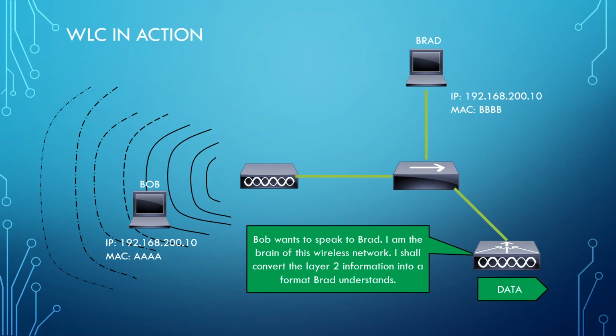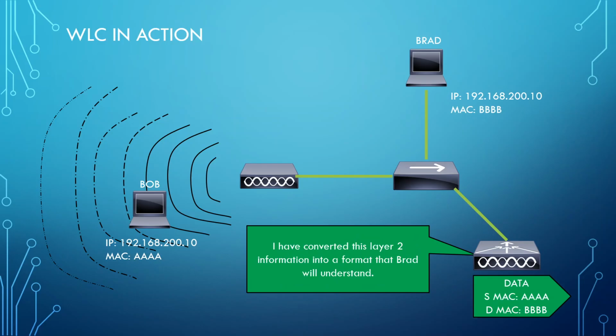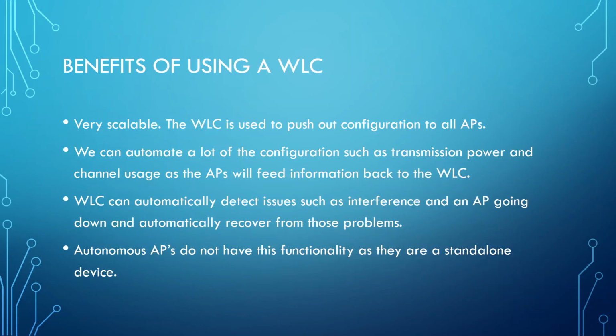I know how to convert this layer 2 information attached to this data into a format that Brad understands. So it has source and destination MAC address. The source MAC address is going to be Bob's MAC address, and the destination is going to be Brad's. Now, when he sends this data to the switch, the switch is going to know, okay, this data is destined for Brad, because I can understand Ethernet information. And eventually, that data will arrive at Brad.